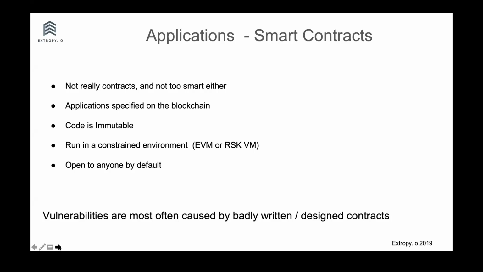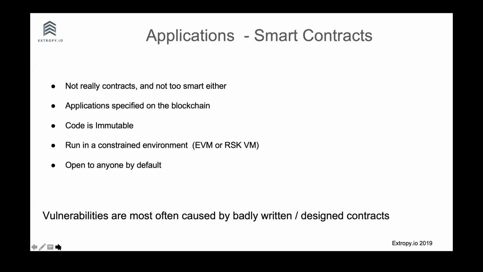And the thing to keep reminding yourself is that by default, your contract and the functions in your contract are open to anyone. So if you write a contract and you don't do anything else, then effectively anyone who joins the network can call the functions in your contract, can interact with your contract. And that is probably not what you want.